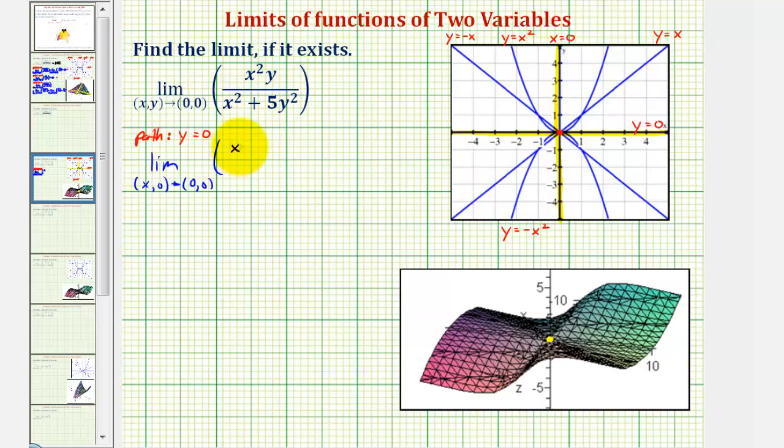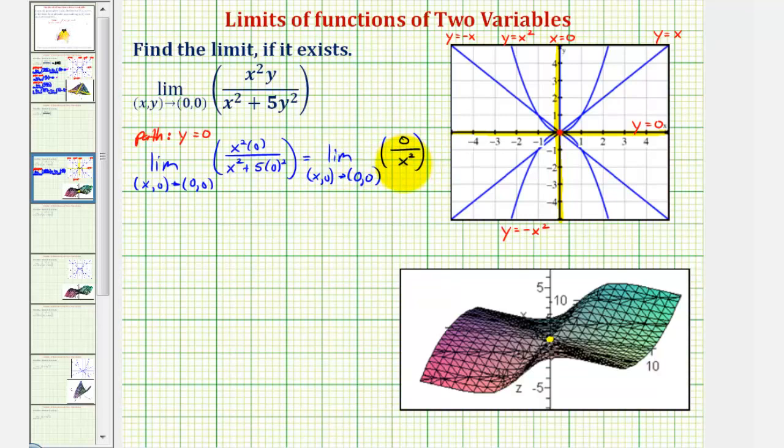So we'd have x squared times 0 divided by x squared plus 5 times 0 squared. Simplifying, we have the limit of x comma 0 approaches 0 comma 0 of, we'd have 0 in the numerator and x squared in the denominator.